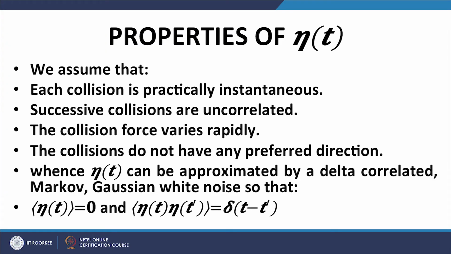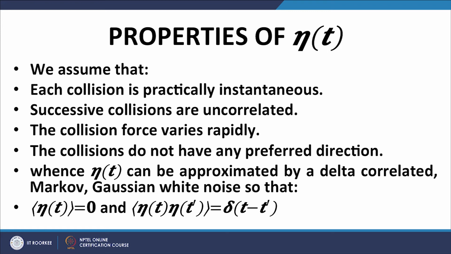Each collision is for a very short period of time, and as a result we can assume it to be instantaneous. We also assume that successive collisions are random, in other words, uncorrelated with each other. There is no significant association, no significant memory between various collisions.